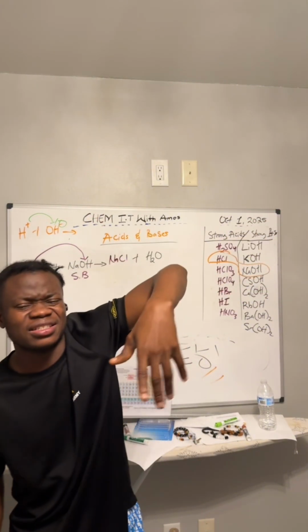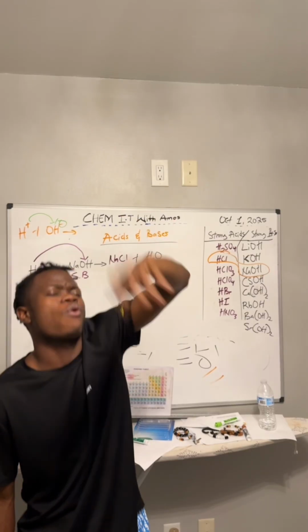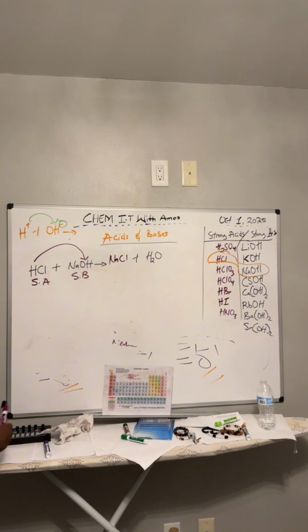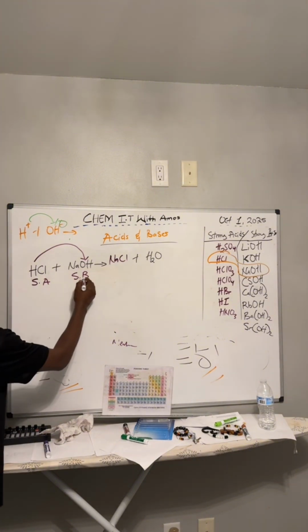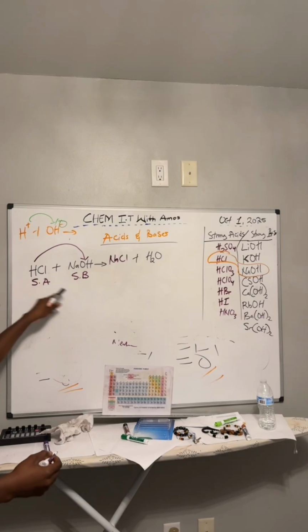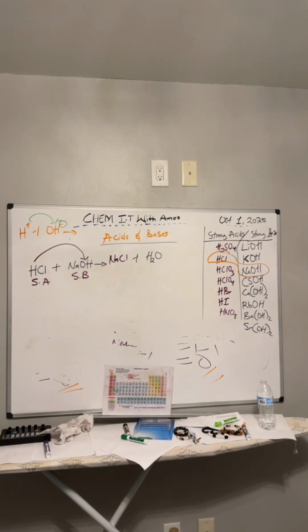And when base accepts H, it forms conjugate acid. So they are like opposite. Right? So in this scenario, we have identified the strong acid and the strong base. So now we have to identify the conjugate acid and the conjugate base.